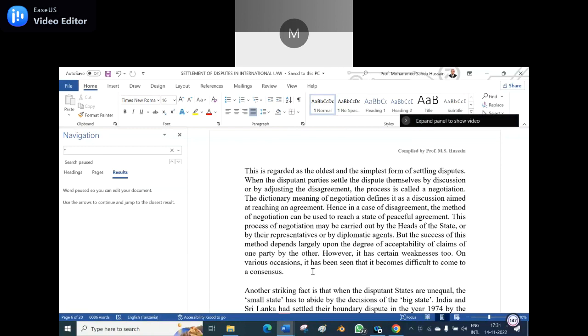Njaa is hungry. I say angry, A-N-G-R-Y. Kukasirika is the right one. What is meant by that?